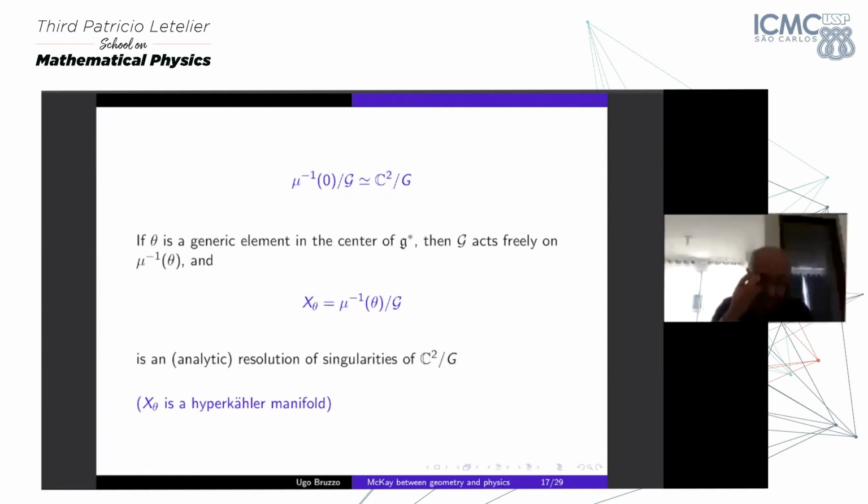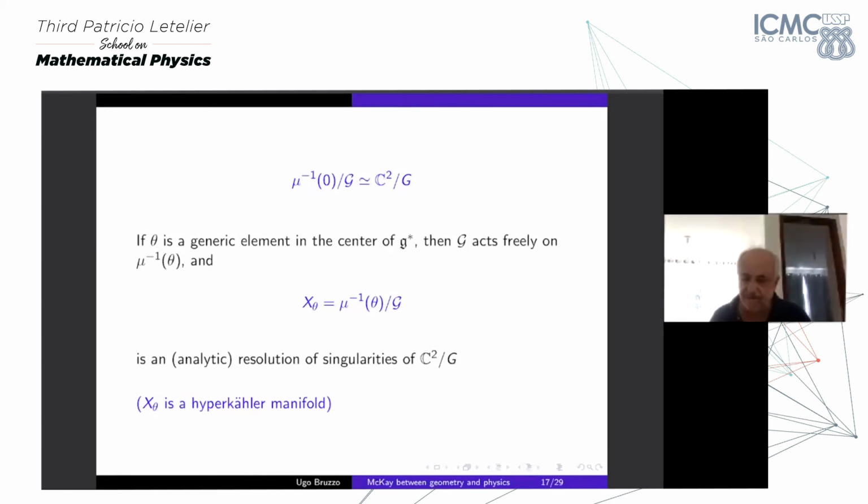It turns out that X theta is a hyperkähler manifold. Okay, one should also say that as a manifold, it doesn't depend on theta. Okay, in the sense that you must avoid zero, but for instance, if you move theta a little bit around zero, the manifold that you get is always the same.